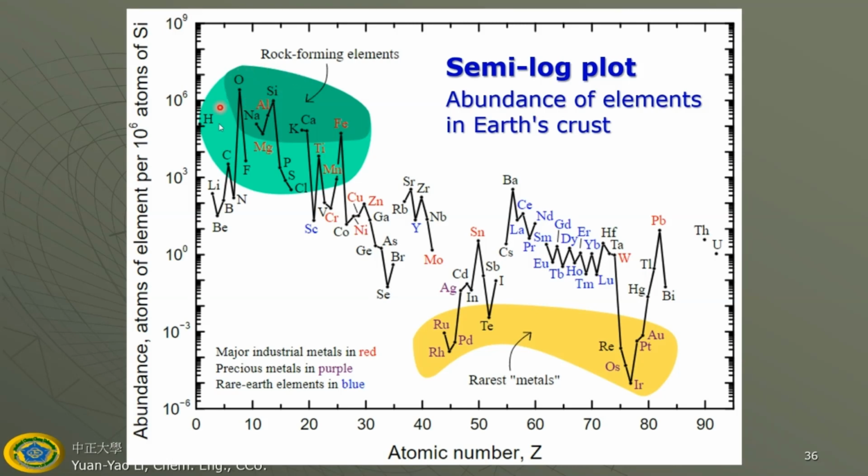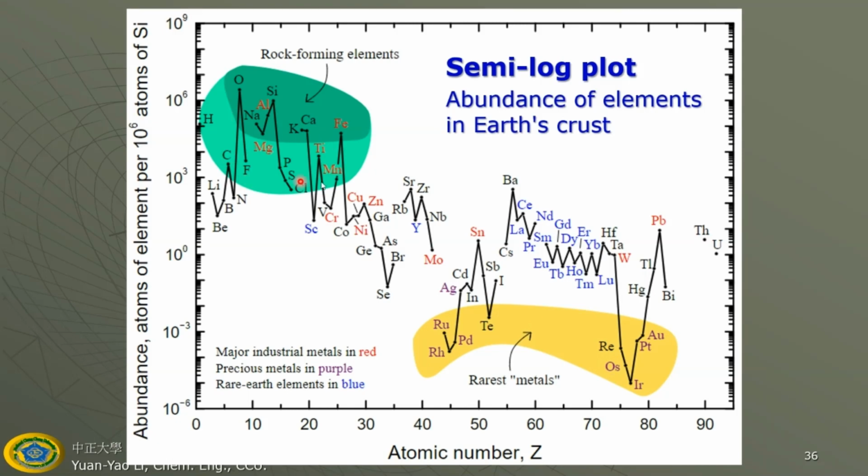So as you can see, the elements here are abundant, and you have very little amount of materials like the rarest metals, or what we call the rare earth elements or precious metals in this area.